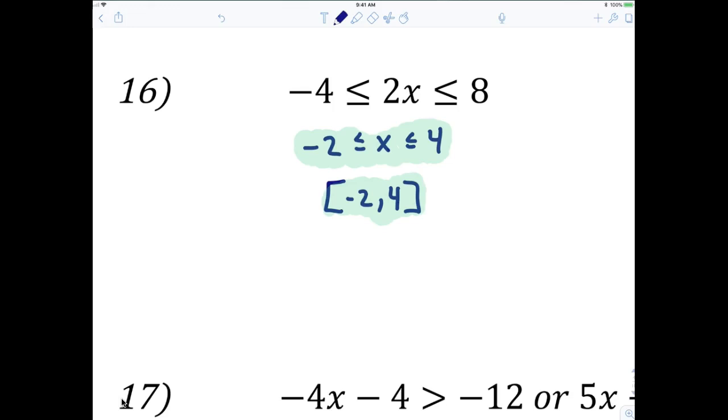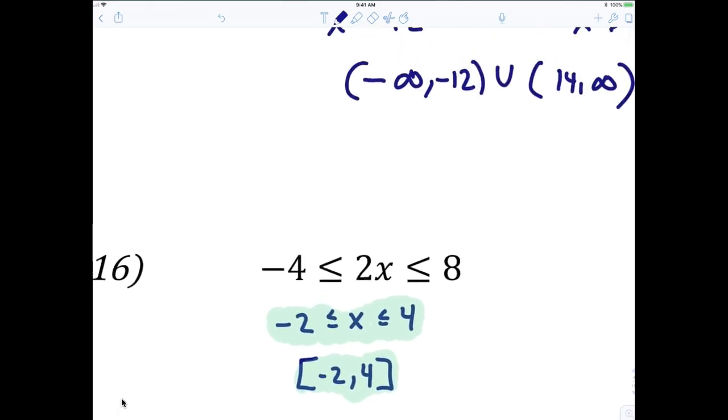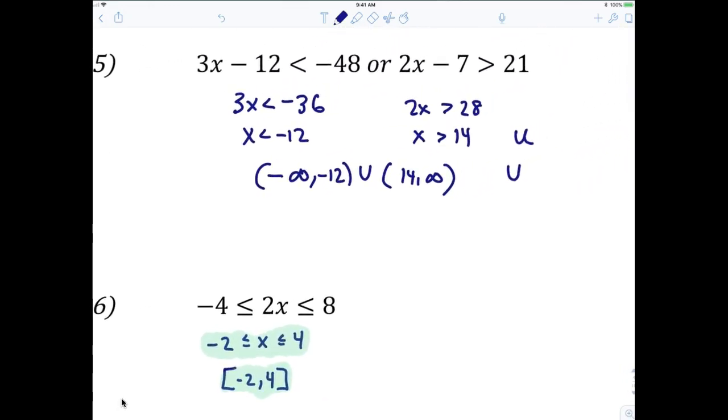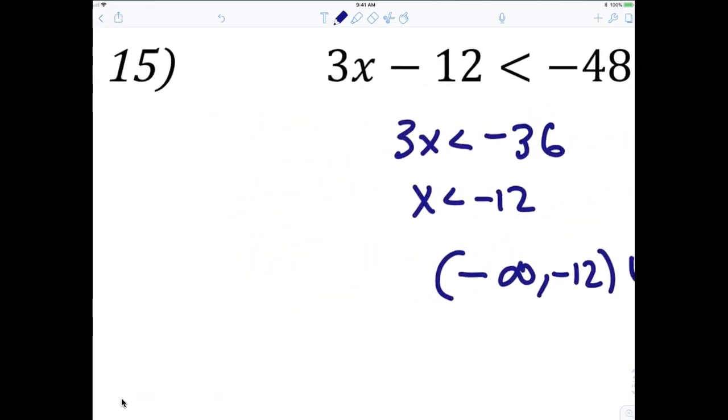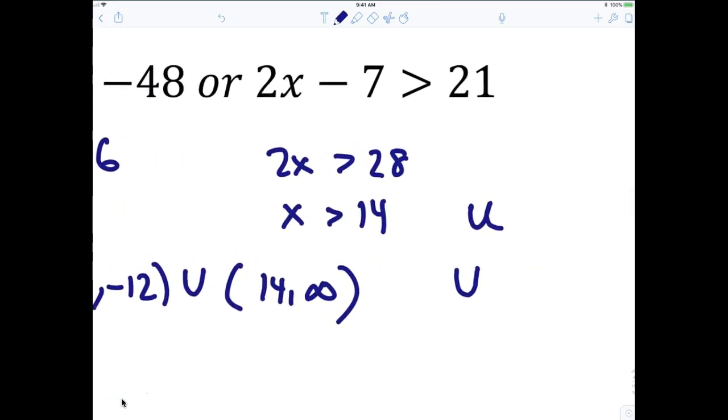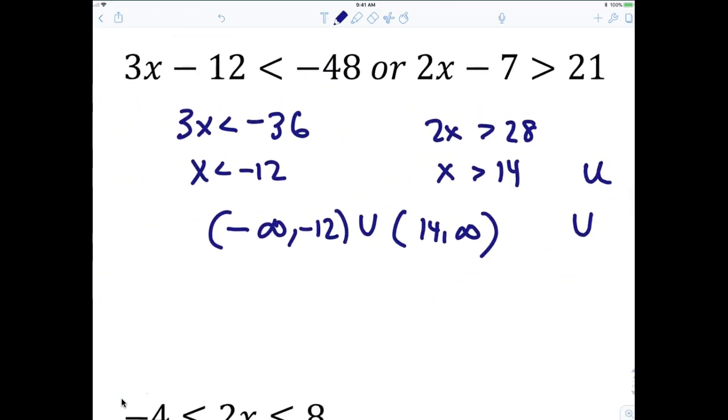Yes, sir. Yeah, they're all going to be similar, but all you're doing is just solving them individually. Do you understand that? So you're just solving this inequality first, right? And then you're solving this inequality second, right? Is that good?